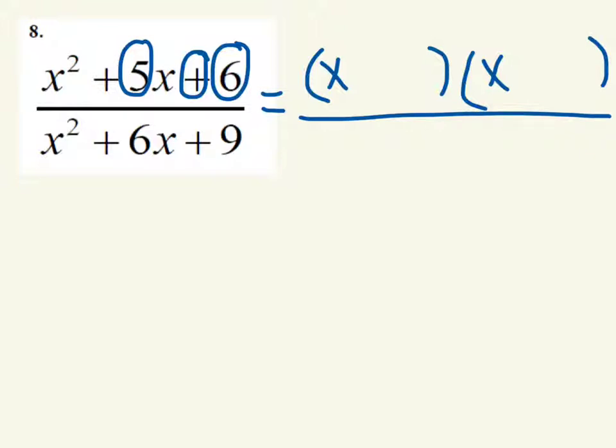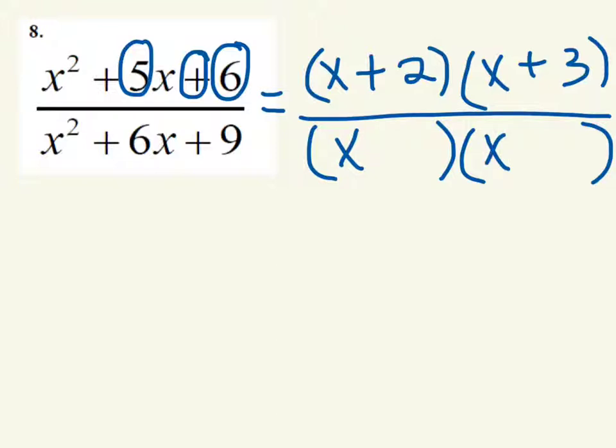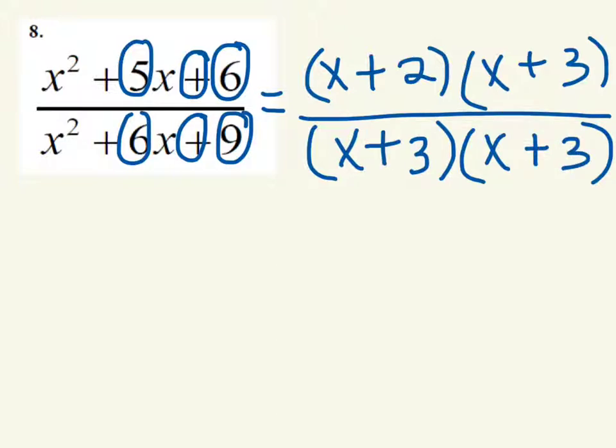That would be positive 2, positive 3. And then in the denominator, again, I have a trinomial whose leading coefficient is 1. The only way of factoring that is x and x. Now let's consider factors of 9 whose sum is 6. 9 and 1, 3 and 3. That would be 3 and a 3, guys. Plus, plus, since my middle sign is a plus.